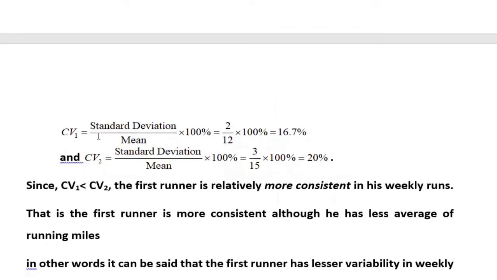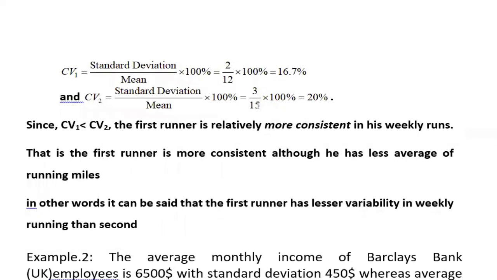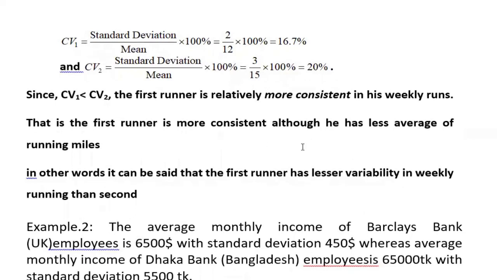Put in the values for the first runner as per the rule: standard deviation over mean, multiplied by 100. Standard deviation 2, mean run 12, multiplied by 100, we get 16.6%. For the second runner, standard deviation 3 and mean running 15 miles, we get 20%. The first runner's mean is less and the standard deviation 2 gives 16, while the second runner gets 20. Although the mean is more, we get more variation. Which is less?